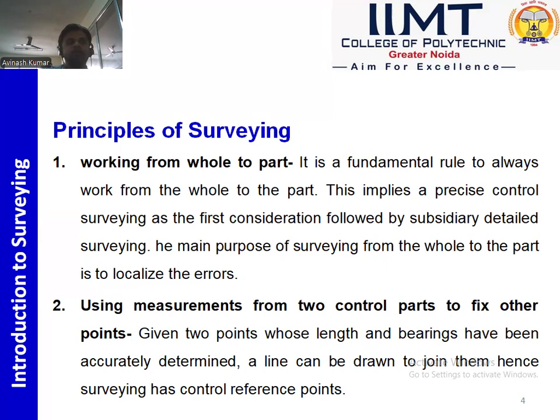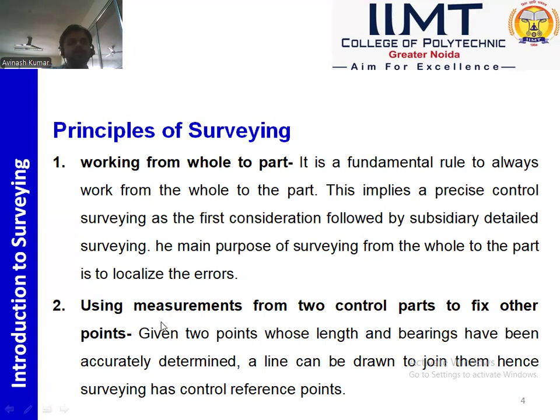Then we divide that area into smaller parts, and now we can measure the individual distances and individual areas. Since we have measured the boundary distances accurately, we can apply some checks on whether the part-wise distances measured are correct or not.